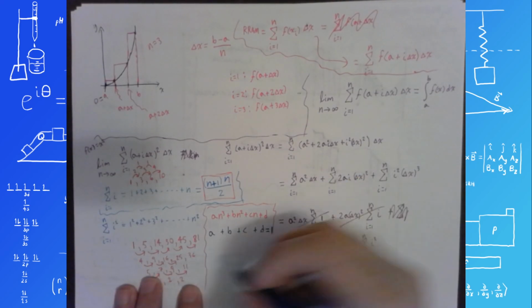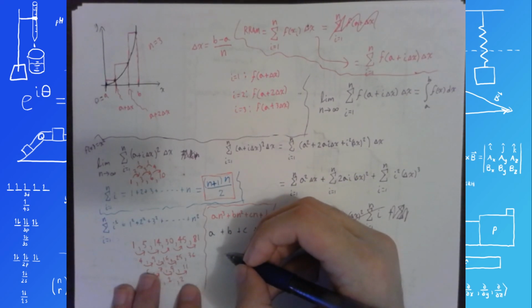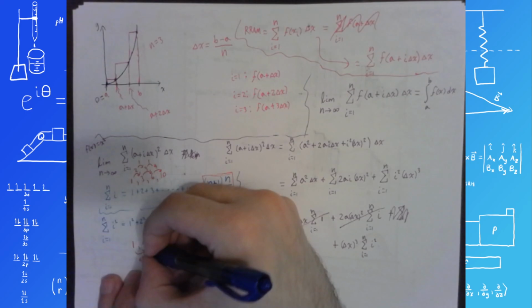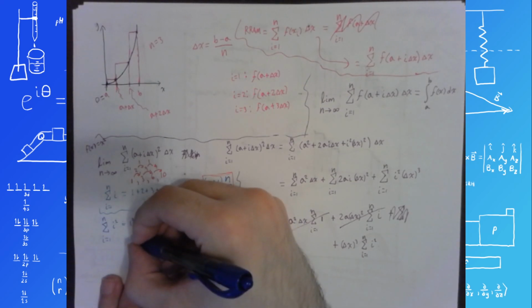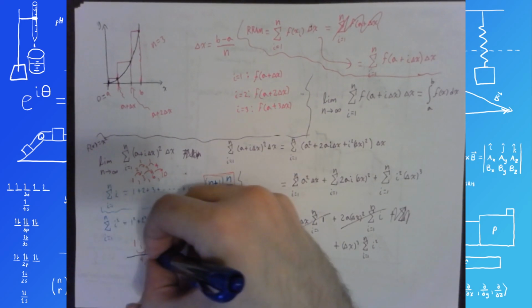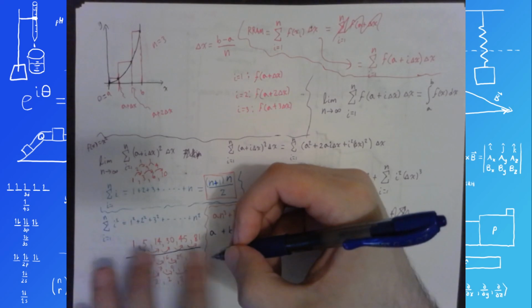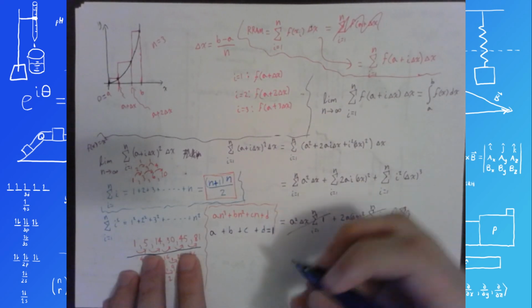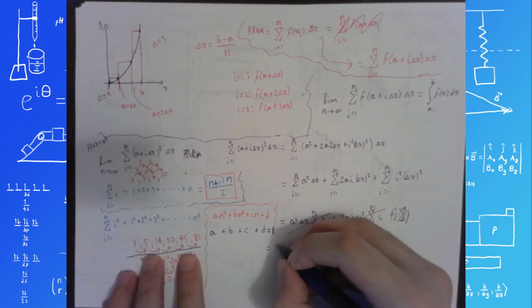Then when n equals 2, we get a sum of 5. So for n equals 1, we get 1. For n equals 2, we get 5. Let me just draw a line here so that I don't look below this top row.